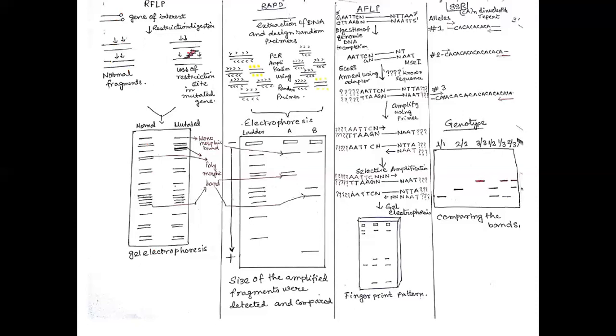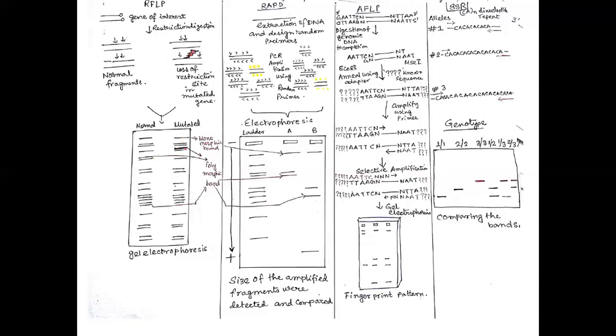Now suppose due to some particular disorder or due to mutation, the restriction site gets lost. As a result, we can get some bands which are different from our band. When we get the same bands in normal and mutated, we consider them monomorphic bands.